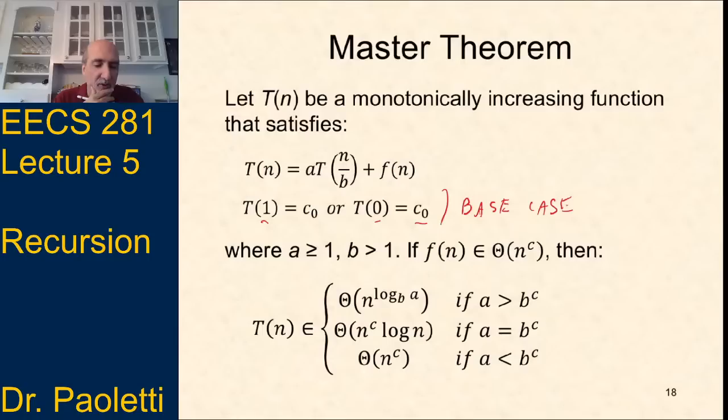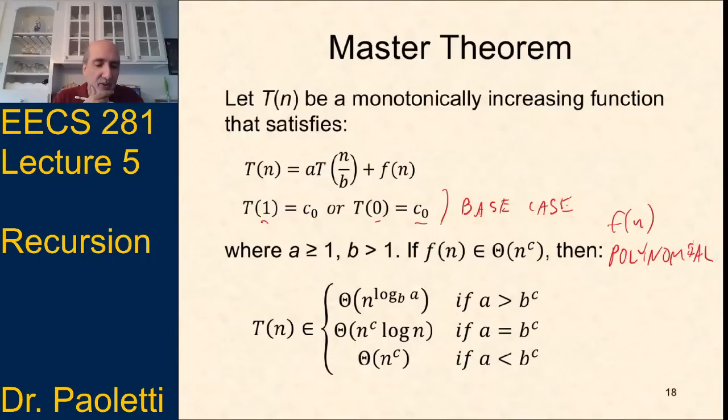Okay, and then it says also, f of n has to be of the form big theta of n to the c. What this is saying is that f of n has to be a polynomial function. So if all those things are true, if it fits this form, a is greater than or equal to 1, b is greater than 1, f of n is a polynomial, then we've got 3 cases.